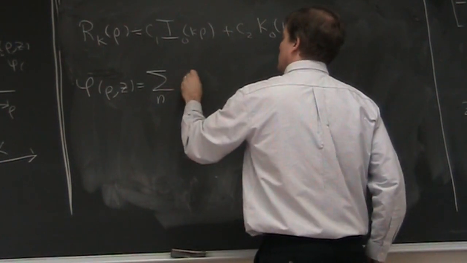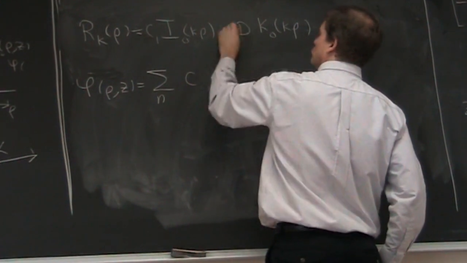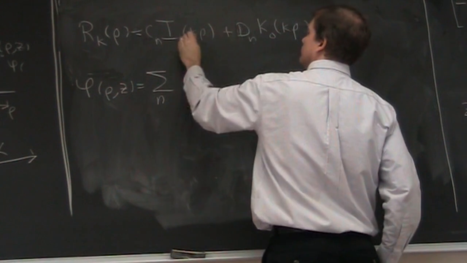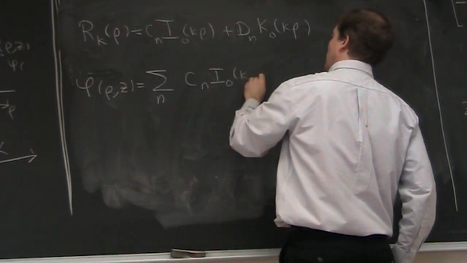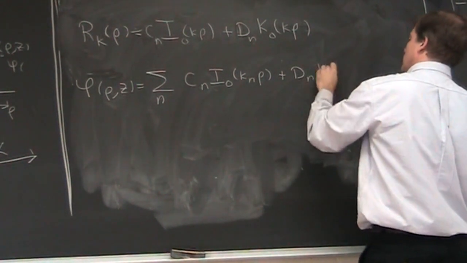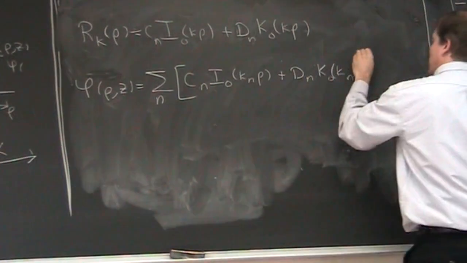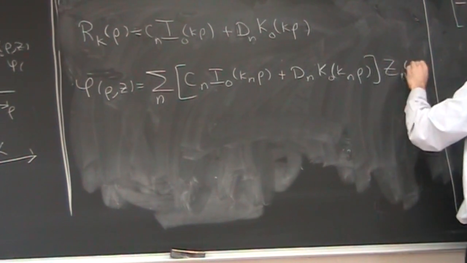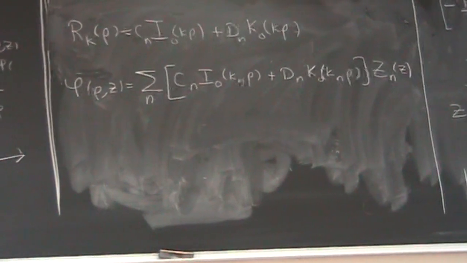Then you would have coefficients C and D, maybe I use different symbols, multiplying I0 of k rho and K0 of k rho, and you have this Z of k.